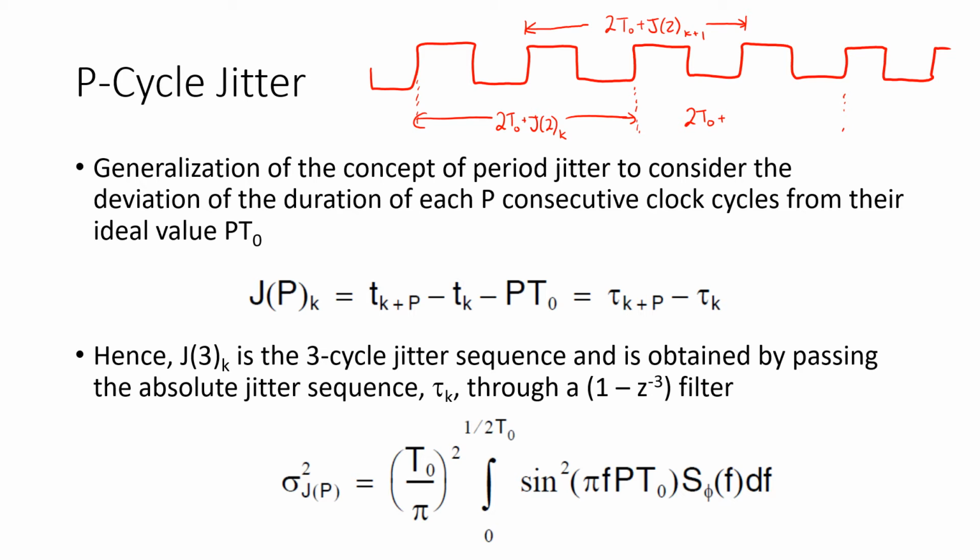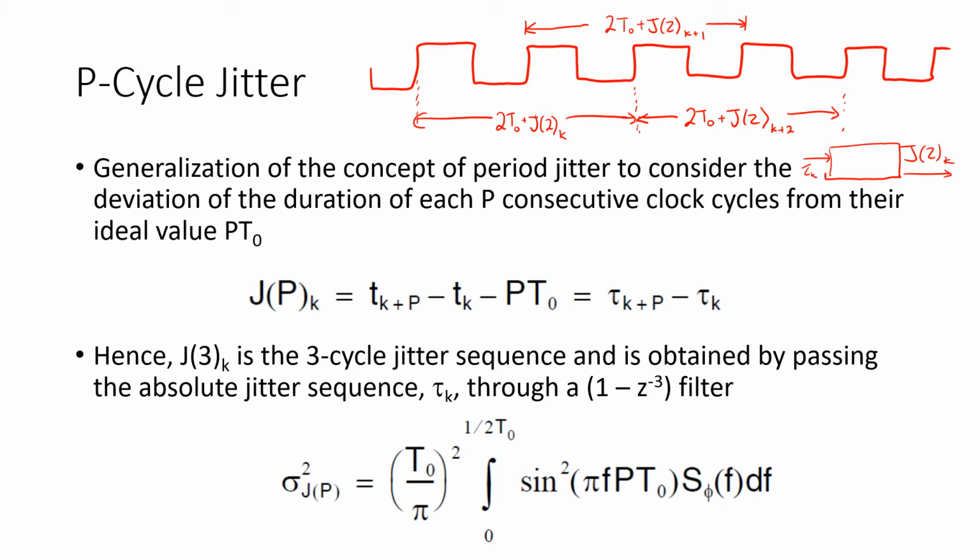This is always called J2 because we're only looking at the two-cycle jitter, and now we're at k plus 2, and so on. So we get another discrete time random process. Now, this sequence, J2_k, is obtained similar to the way in which we obtained the period jitter, as a filtered version of the absolute jitter.